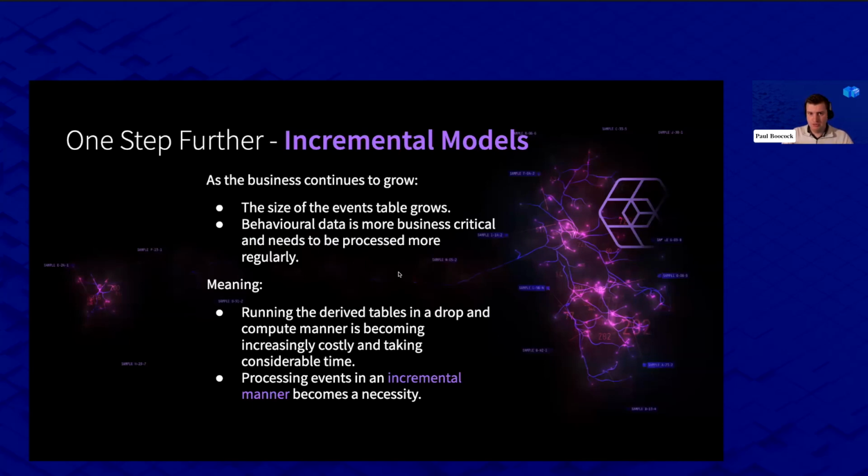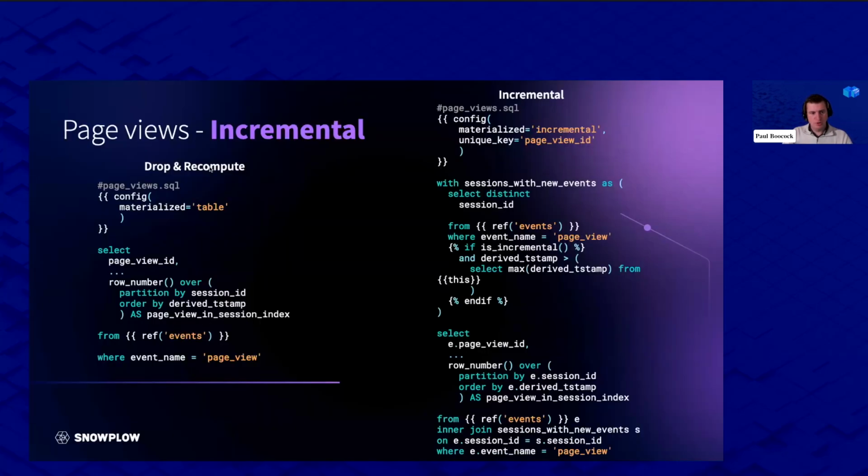But beyond aggregation, going incremental allows us to basically make sure that these models continue working forever. As your table grows, your events table, you can't just keep dropping and recomputing it. It just doesn't work. So a drop and compute model might look something like this. On the left, this is from the Snowplow DBT package.